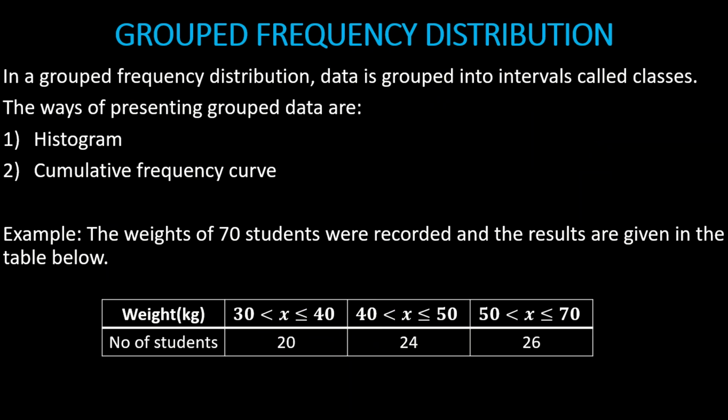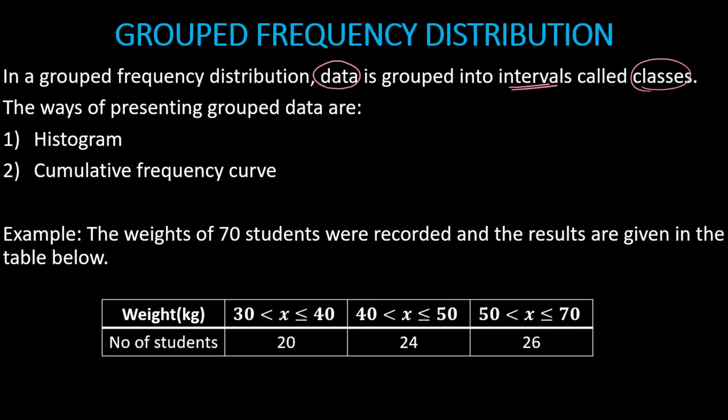So we proceed now with a grouped frequency distribution, right? Whenever we have a grouped frequency distribution, it means our information, our data has been grouped into intervals which are called classes, right?